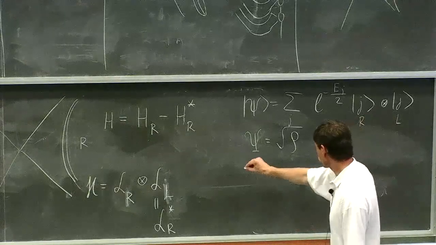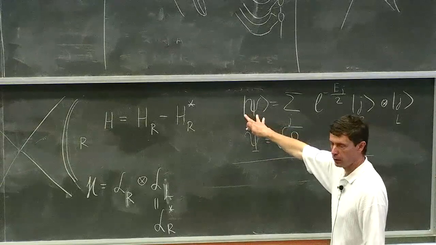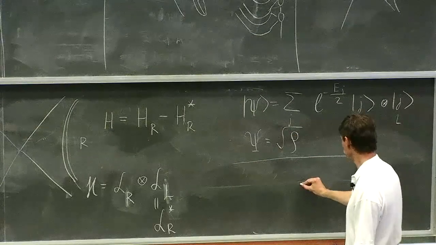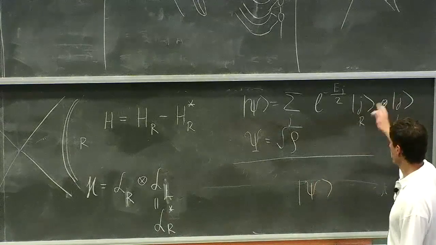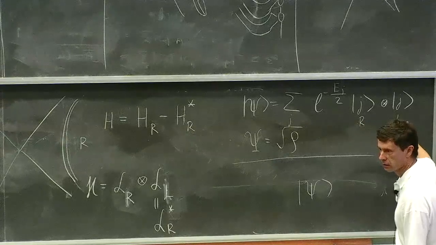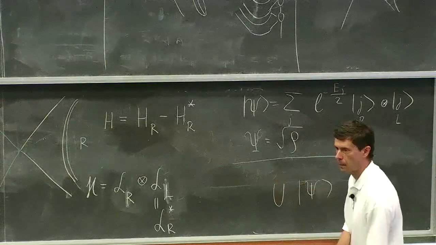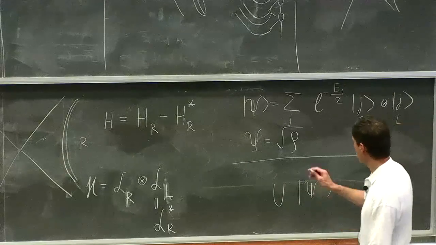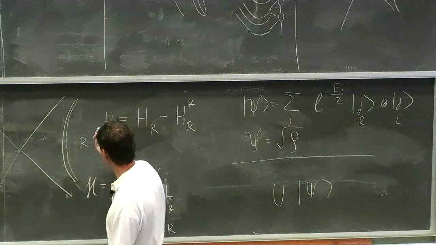Now, we first modify this state psi by acting by some operator. We take psi and entangle the right exterior and our qubits by some operator U. And then we use this state to do an experiment, which is this.